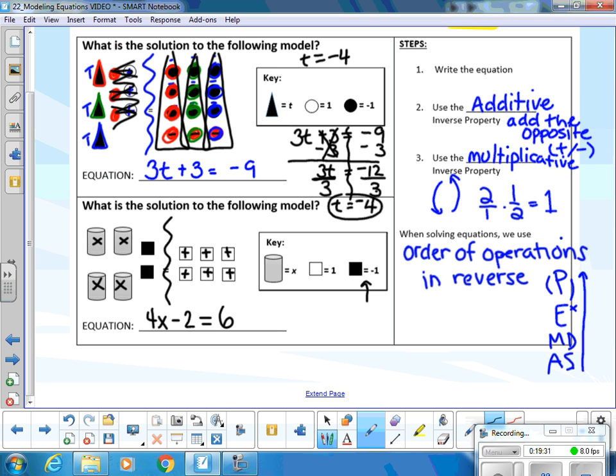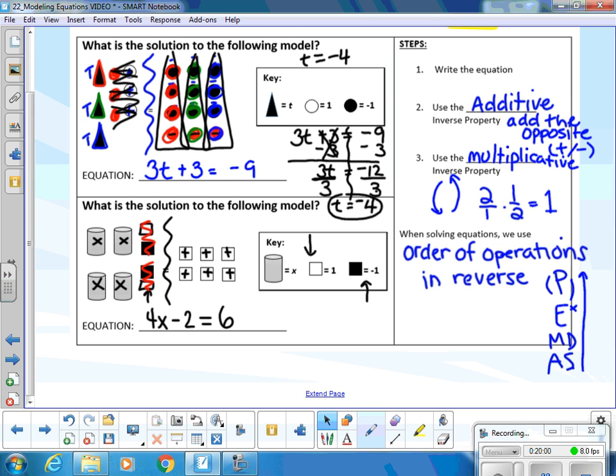Now, to undo that negative, because remember we want to get our x's by themselves first, we have to undo these negatives that are here. To undo the negatives, I'm going to use the inverse, which is the positive. So I'm going to draw a white square for every dark square I have to make a 0 pair. Now I have a negative and a positive here, which is 0, and a negative and a positive here, which is 0.